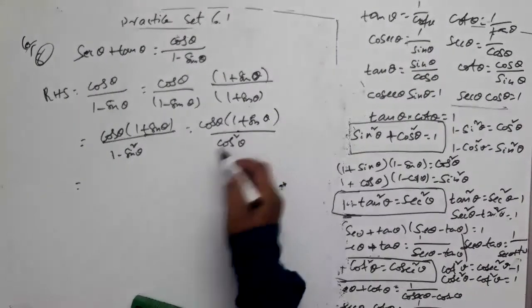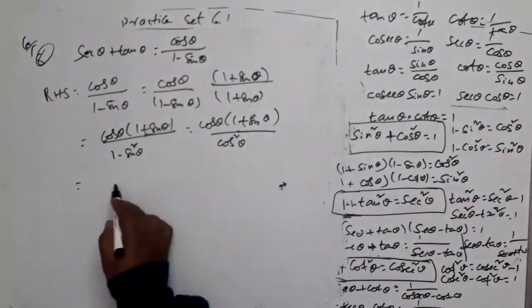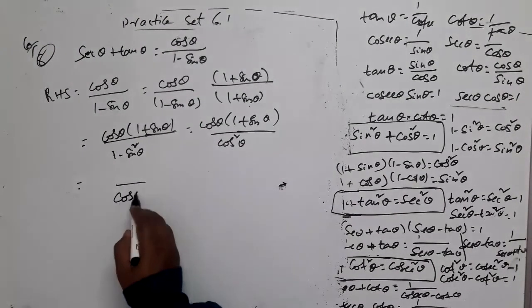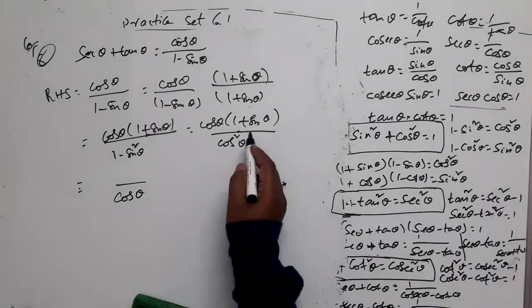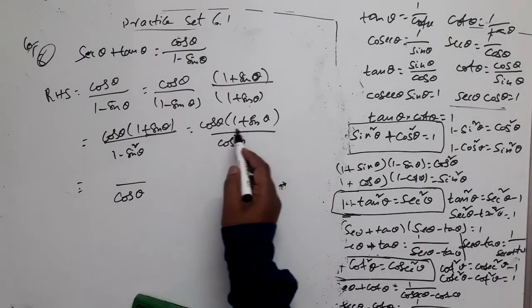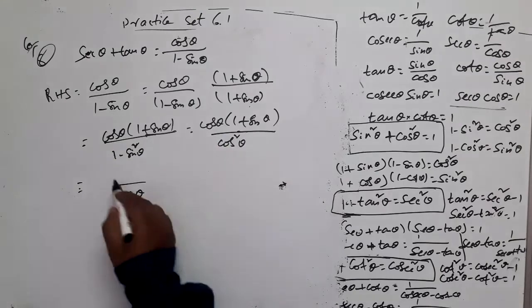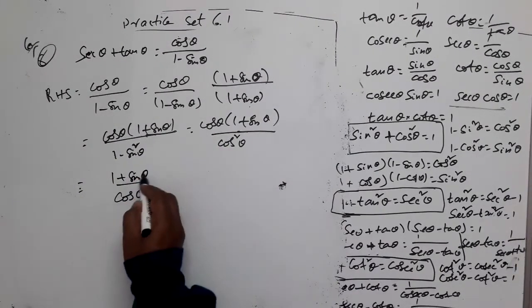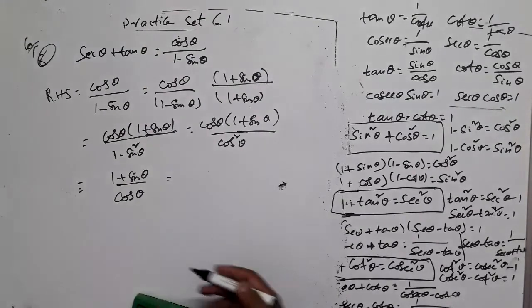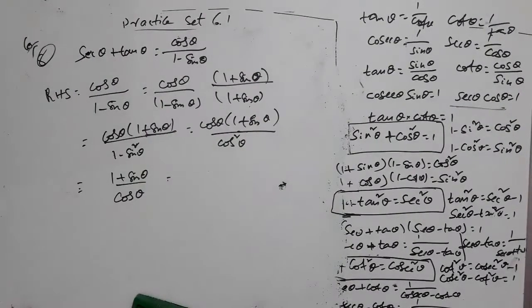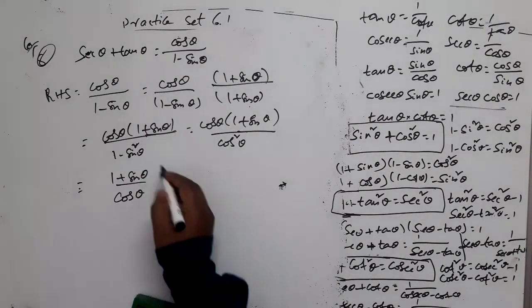Can I cancel one cos here? Yes, I have cancelled. So what will be remaining in the denominator? Cos theta, because one cos theta is cancelled, right? So what will be remaining in the numerator? This is cancelled, so 1 plus sin theta will be remaining. My target is to bring the left hand side part, that is secant theta plus tan theta. Have I got that or not? Yes, I have obtained that. Simply divide.